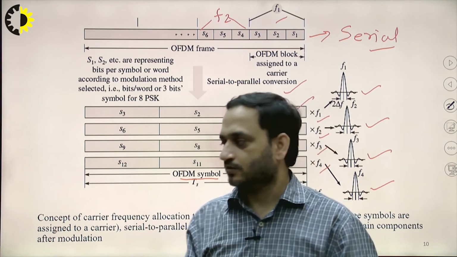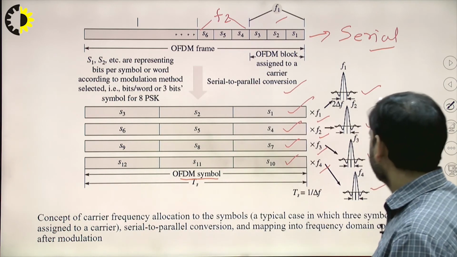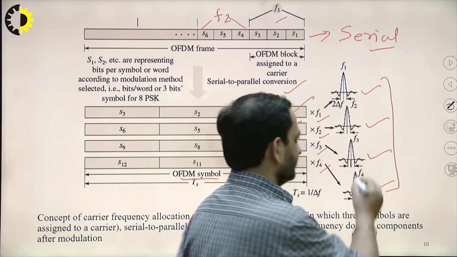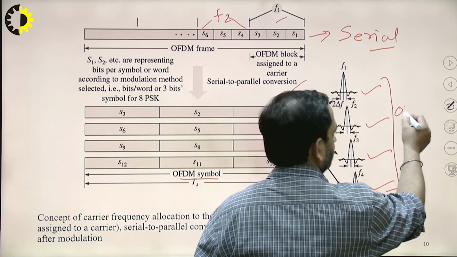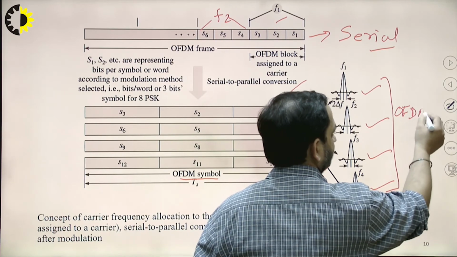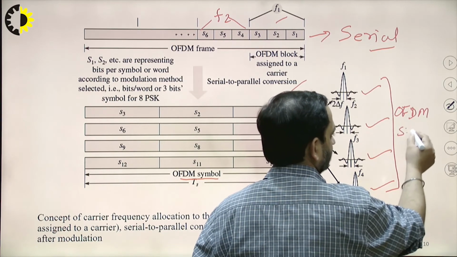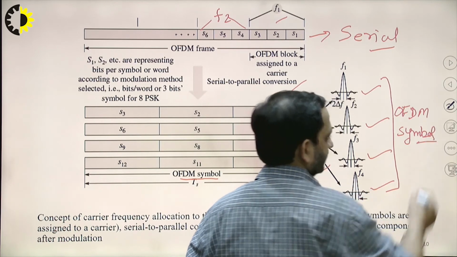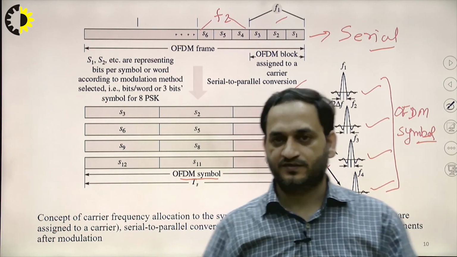So this is called the one OFDM symbol. Combining all of this is called one OFDM symbol. Okay. So we have got the one OFDM symbol.